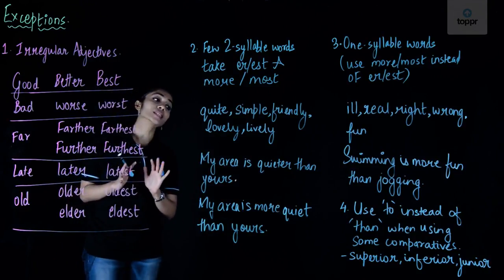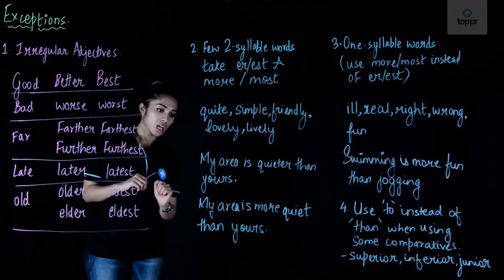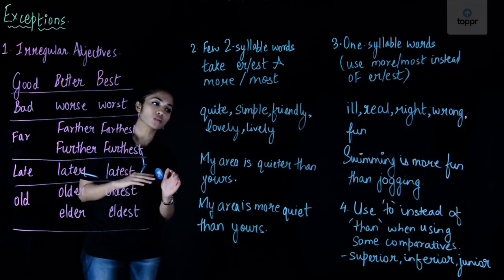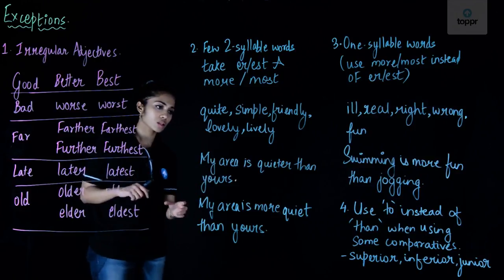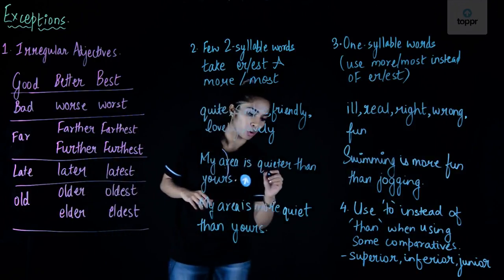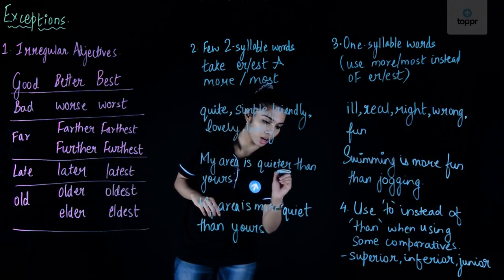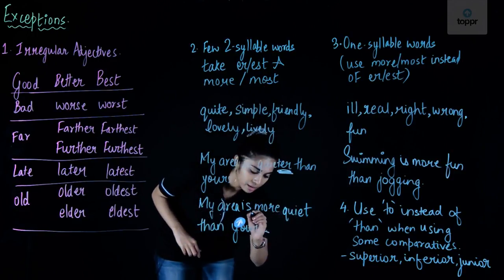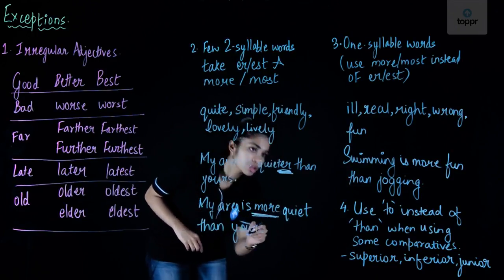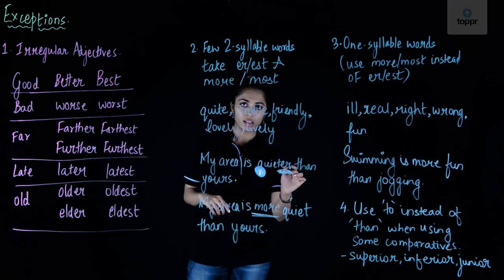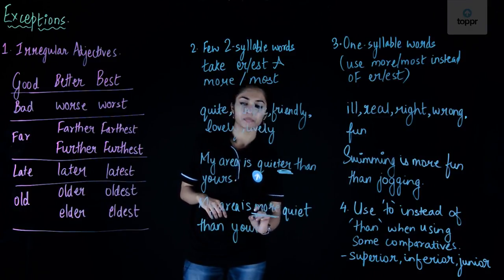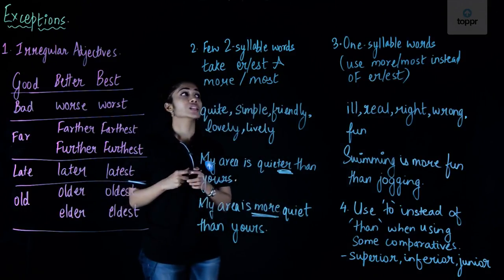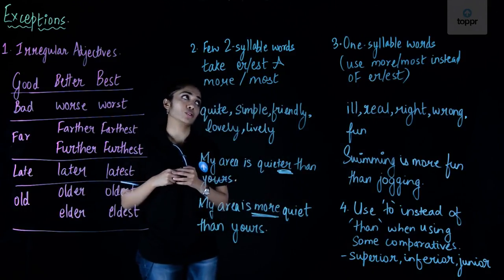My area is quieter than yours, and you can also use my area is more quiet than yours. You see how we use both the forms. We can use both the forms here, the ER and more. So to the positive, we've added an ER here, and we can also add more in front of this word. Great. So let's look at the third exception.